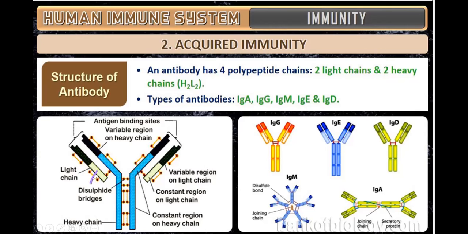This is a constant region, and this is also a constant region on the heavy chain. The constant region of the heavy chain is bigger than the constant region of the light chain. So the total number of peptides is 4: 1, 2, 3, and 4.